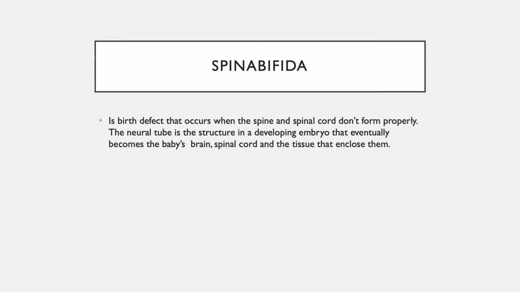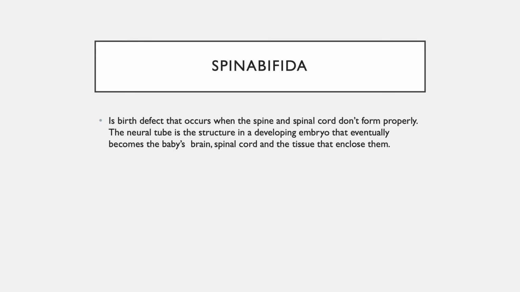Now we have the posterior defect of the neural tube, which is called spina bifida. Spina bifida occurs when the spine and the spinal cord don't form properly. The neural tube is the structure in the developing embryo that eventually becomes the baby's brain, spinal cord, and the tissue that encloses them.